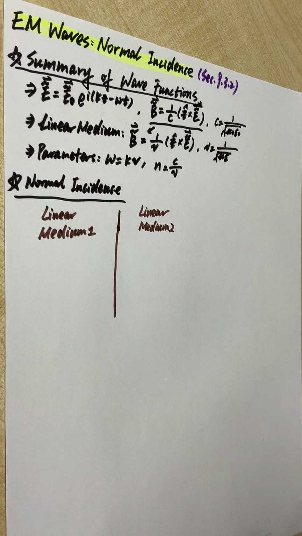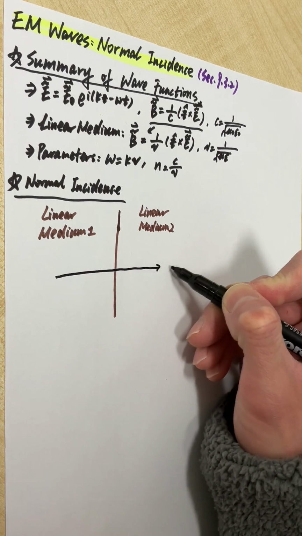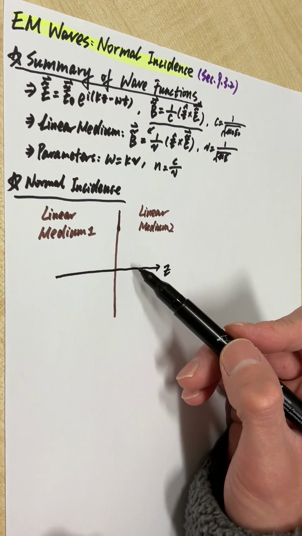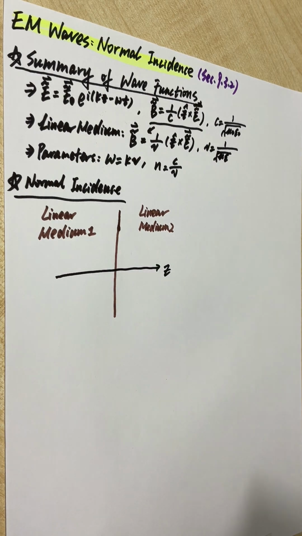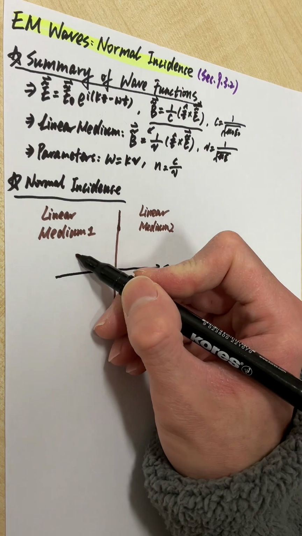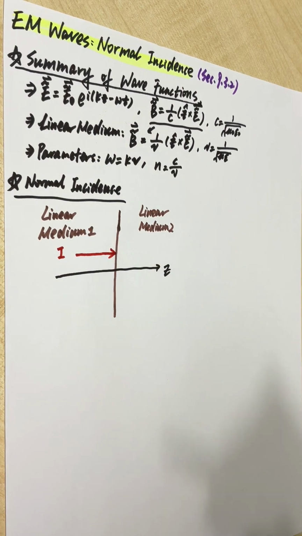And now we know the direction of wave propagation is that direction, so it's at normal incidence. We have the incident wave, and then we have the transmission.